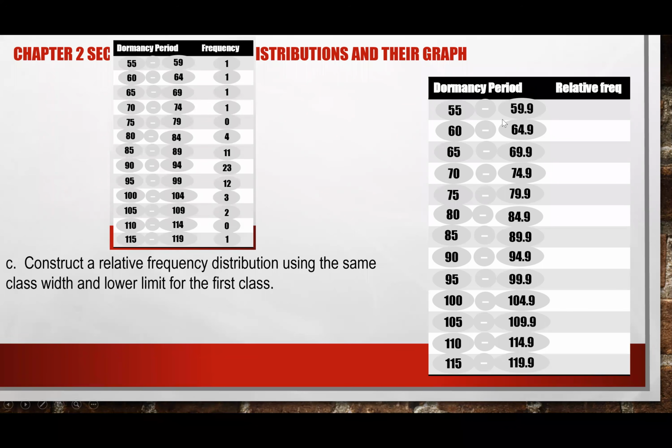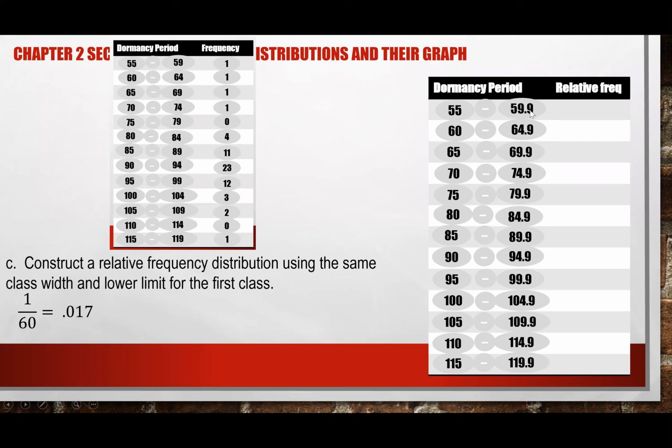for the first class. Looking at this, we just take the first class. We have 1 divided by the total number of data we have, which is 60. So 1 divided by 60 is 0.017.